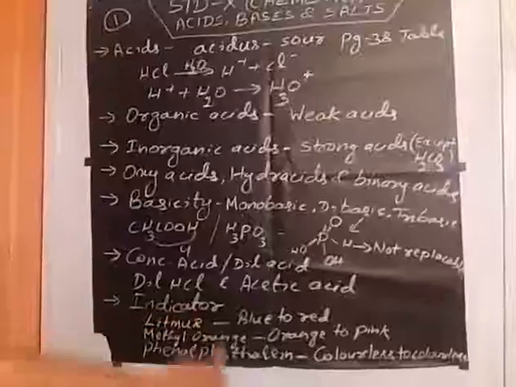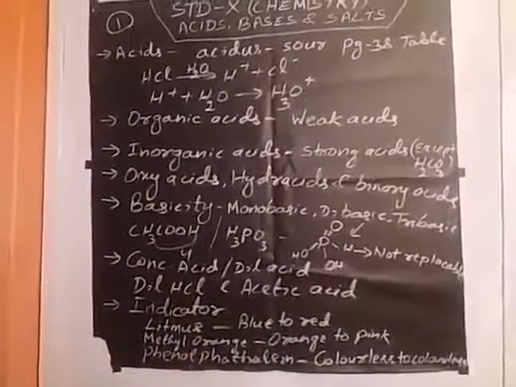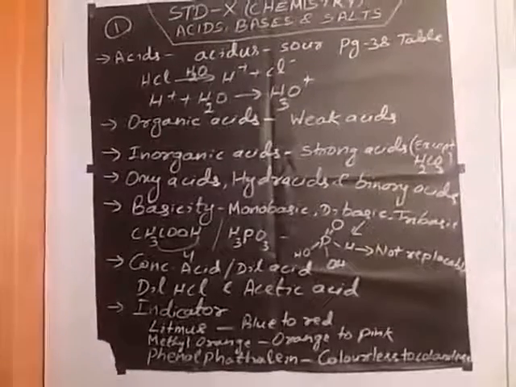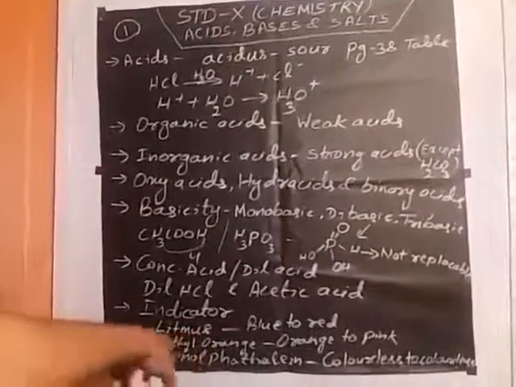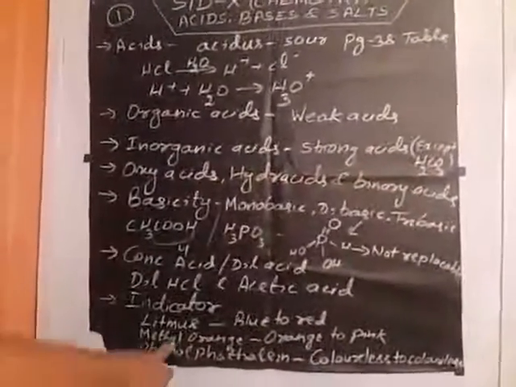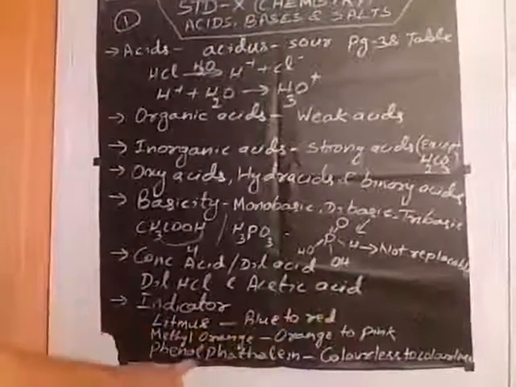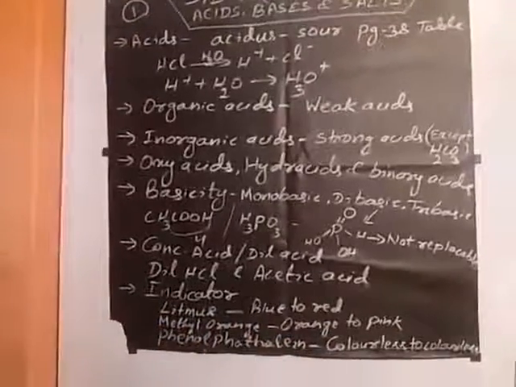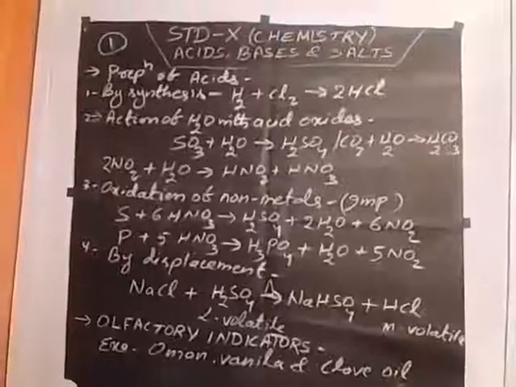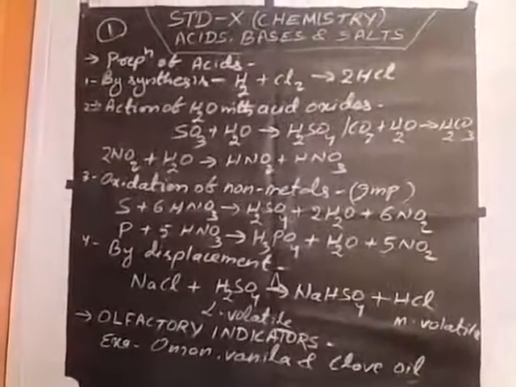Then indicators. With the help of an indicator, you can determine whether a compound is an acid or a base. With litmus paper, if it is an acid, blue litmus changes to red, except for carbonic acid. Methyl orange changes to pink. Phenolphthalein remains colorless. Then preparation of acids by synthesis or binary methods.